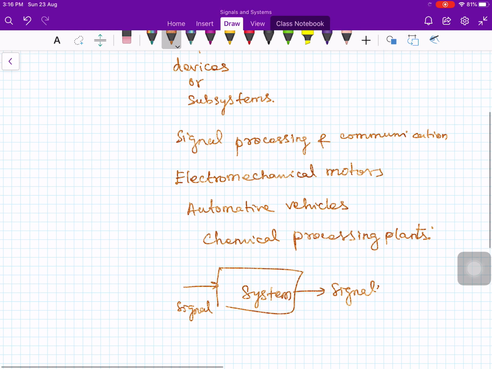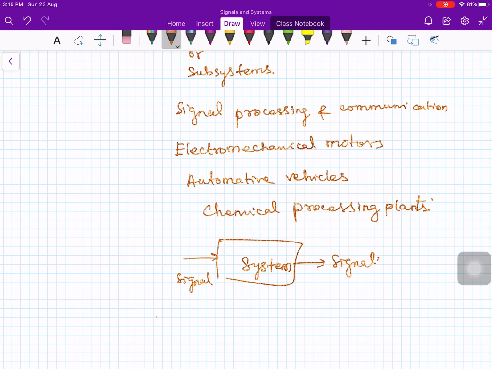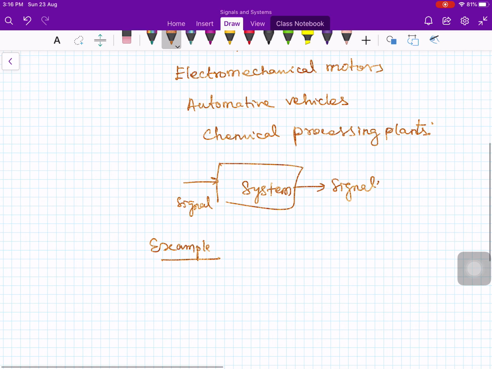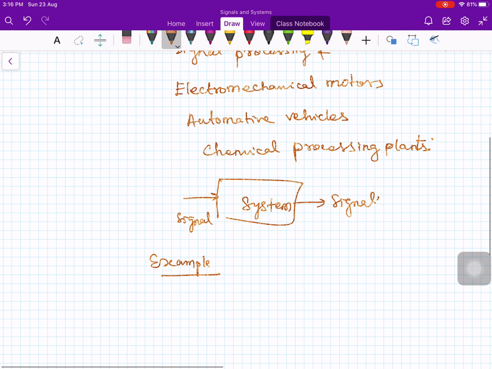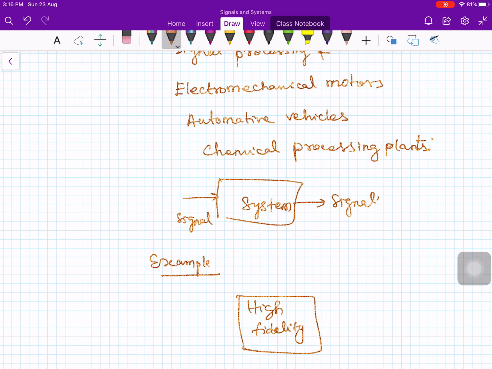For example, if you consider a high fidelity audio system, that system takes the recorded audio. You feed the recorded audio as an input, and it generates a reproduction of that signal.